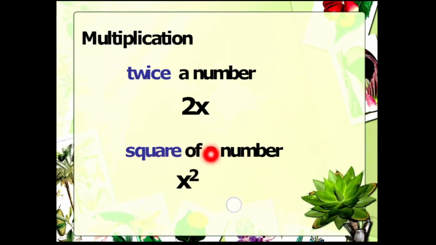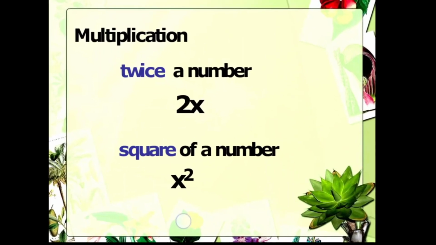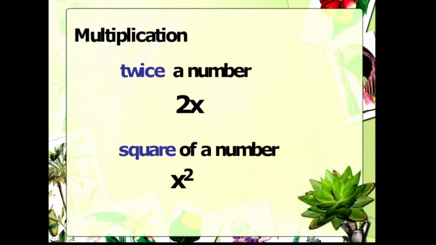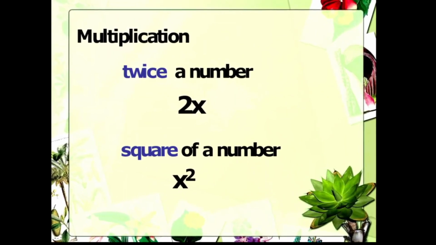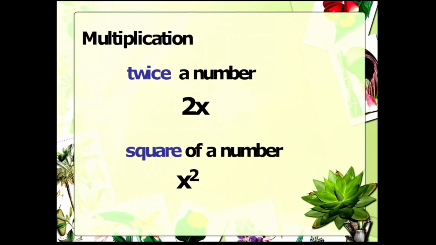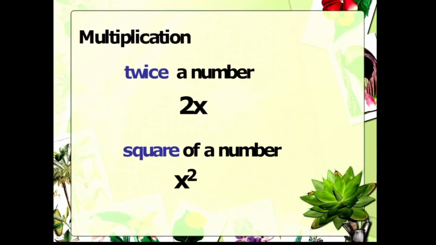If the given is cube the number, that is x cubed. So in translating verbal to mathematical expressions, you have to know the different clues that may help you identify the operation to be used.